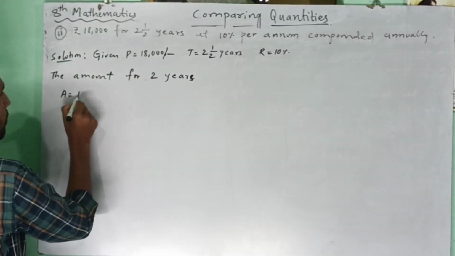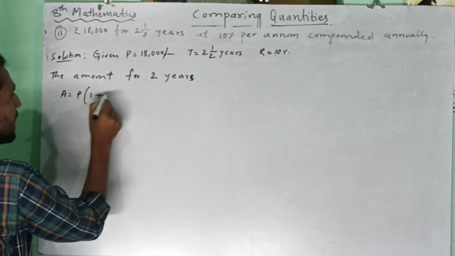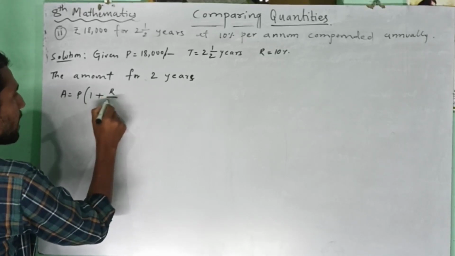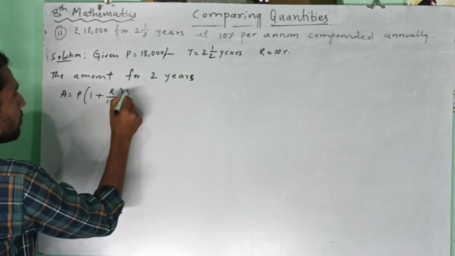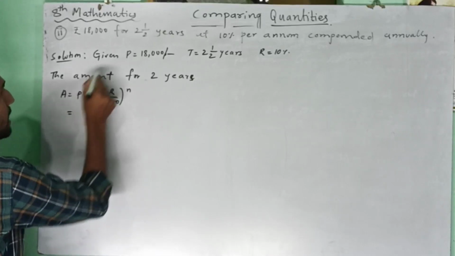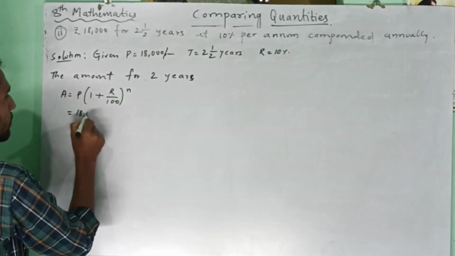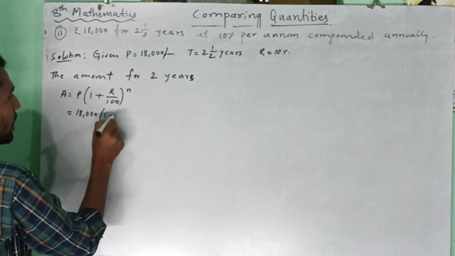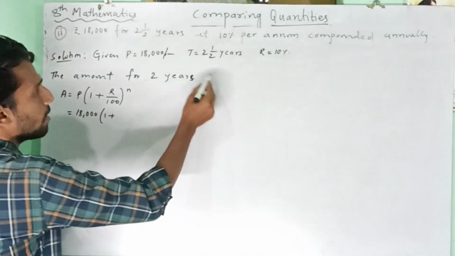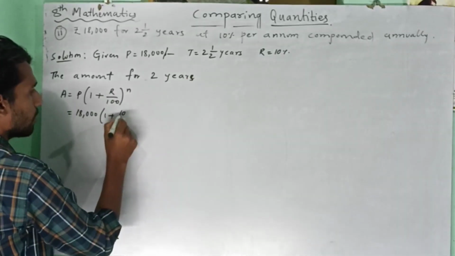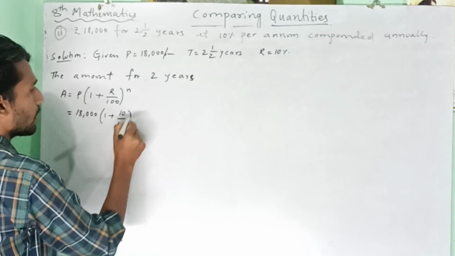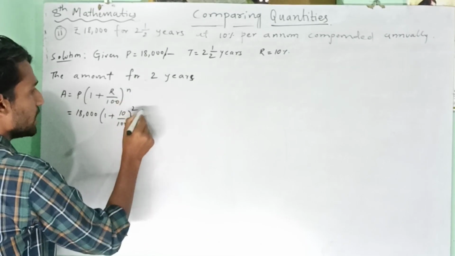A is equal to P in the bracket 1 plus R by 100 whole to the power of n. P, that is the 18,000. 1 plus R, that is the 10% by 100. N, that is the 2 years.